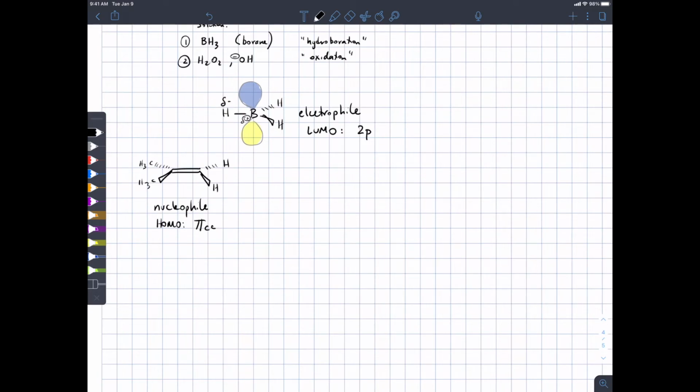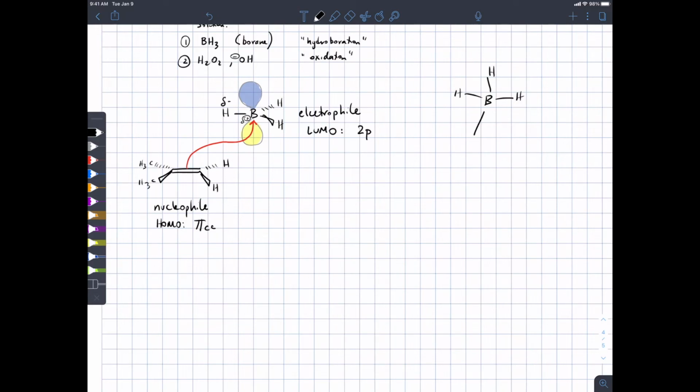All right, so first step is pi electrons attack boron. And as that process happens, imagine what happens to boron when it's attached to 4 things.